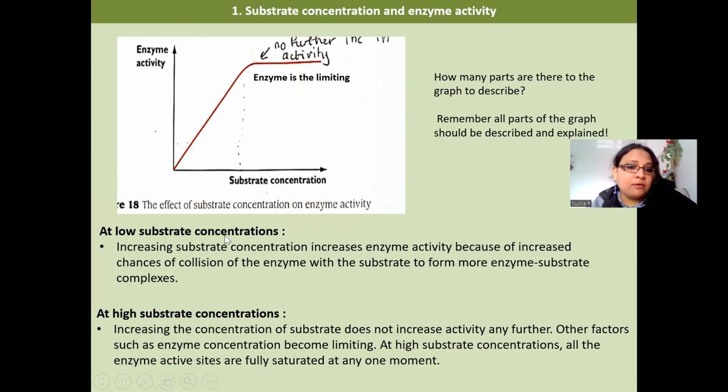So we'll say at low substrate concentrations, increasing substrate concentration increases enzyme activity. The explanation is that when we increase substrate concentration, we're increasing the chances of collision of the substrate with the enzyme to form the enzyme substrate complexes.